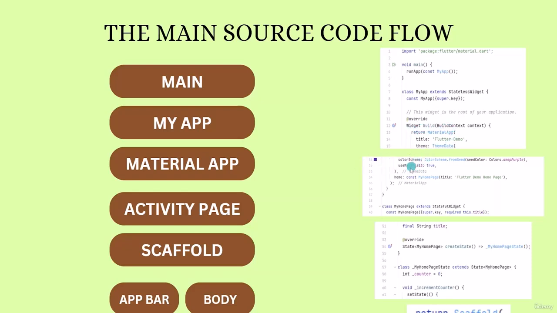Under this you basically have your activity page. An activity page is like a normal web application page, and inside it you have the scaffold. A scaffold basically holds the app bar, the body, the navigation bar, or any widgets present inside the activity page. So we're going to learn how to do so.